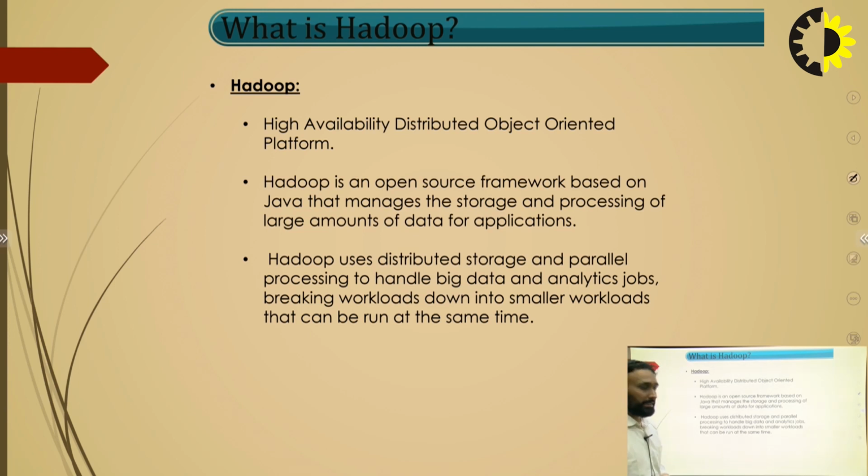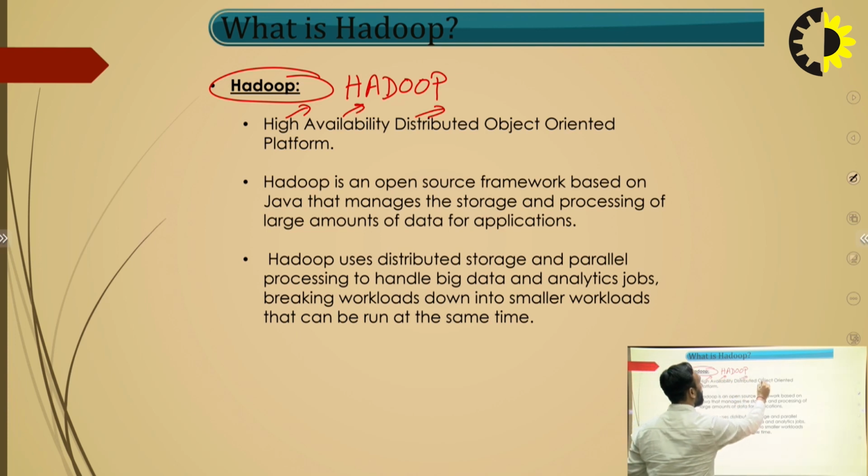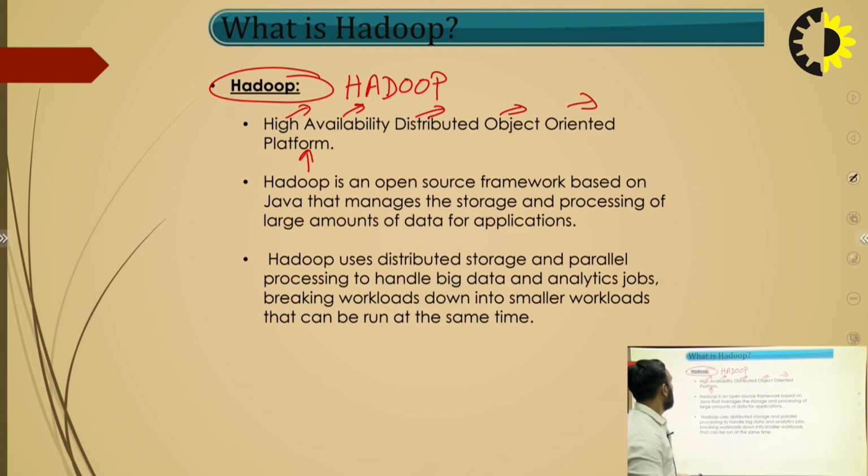So take the second slide here. What is the full form or abbreviation of Hadoop? Hadoop is High Availability Distributed Object Oriented Platform. Here each word has its meaning.